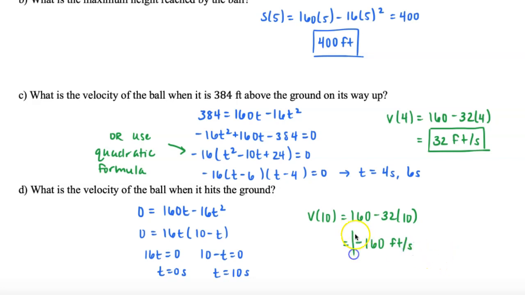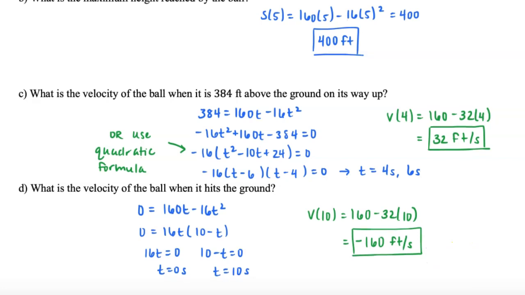And so this is going to be the velocity of the ball when it hits the ground. And it makes sense that my final velocity is going to be negative because this ball is moving downward. All right, so that is it for our lesson on rates of change in the natural and social sciences.